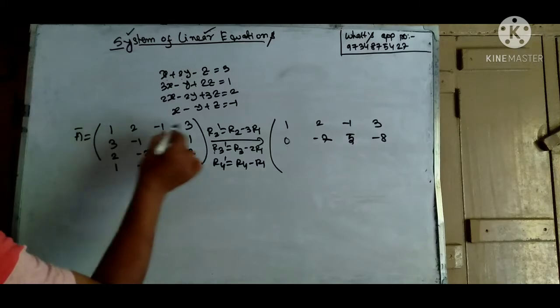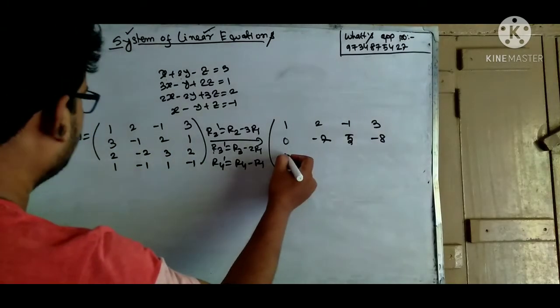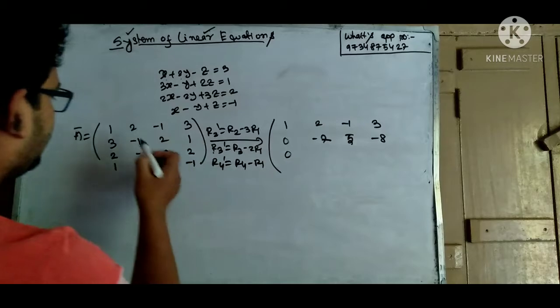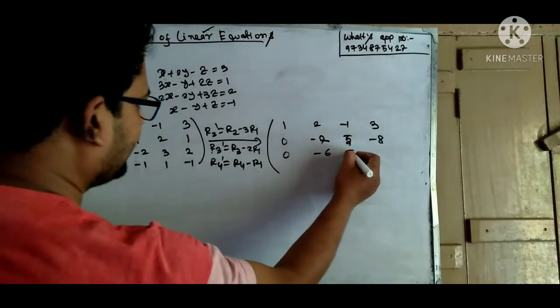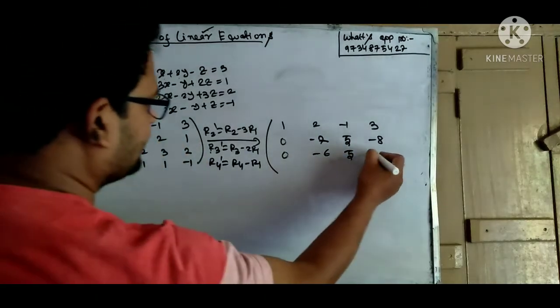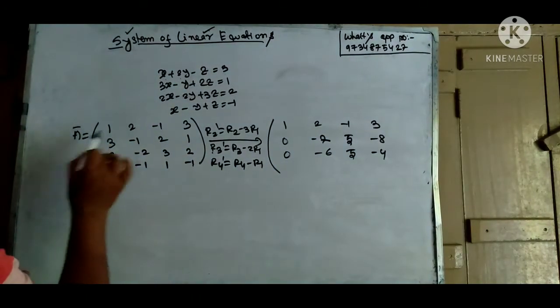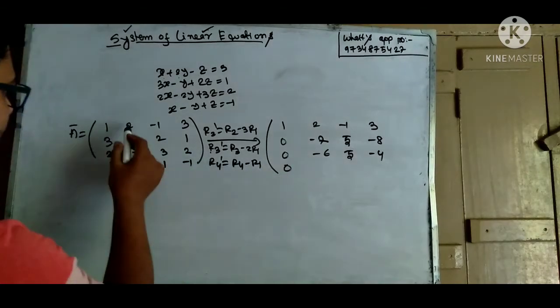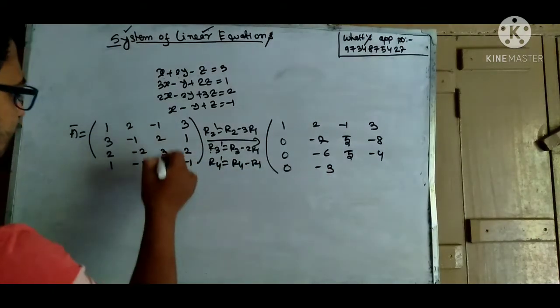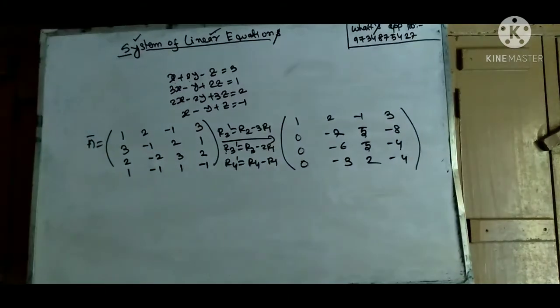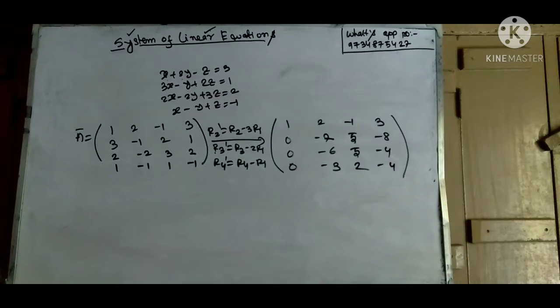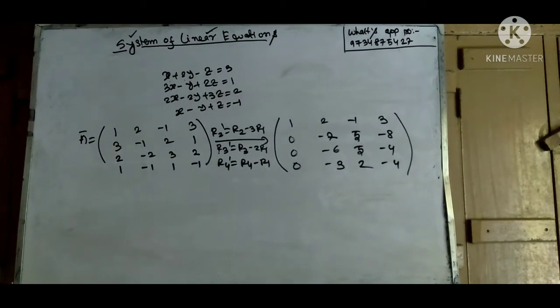Similarly, multiplying this by 2 and subtracting from the third row, this becomes 0. 4 means minus 6, 2 means 5, 2 means minus 4, and in the last row this will be 0, this will be minus 3, this will be 2, and this will be minus 4. Just a minute. 1, 2, minus 1, 3, 0, minus 7, 5, minus 8, minus 6, 5, minus 4, minus 3, 2. Okay.